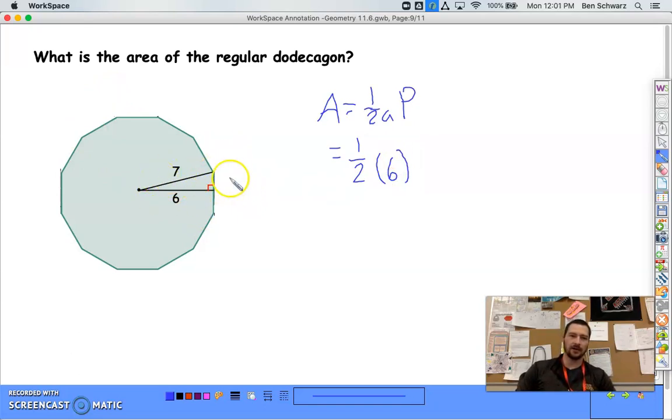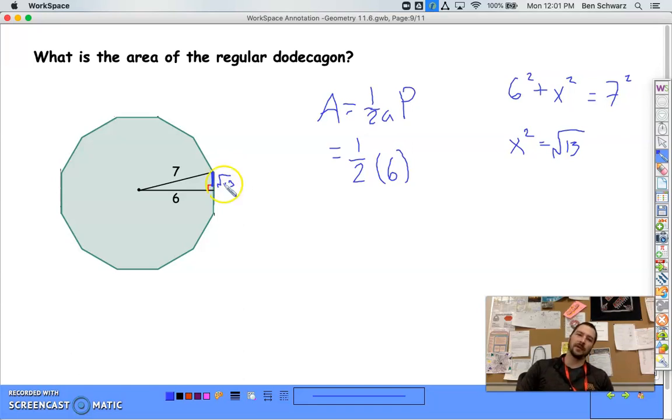We have a right triangle here, so we can do a little Pythagorean theorem. So that would be 6 squared plus, we'll call it x squared, equals 7 squared. So x is going to be the square root of 13, if I'm doing my math right, which I think I am. So we have square root of 13 for this little guy right here.